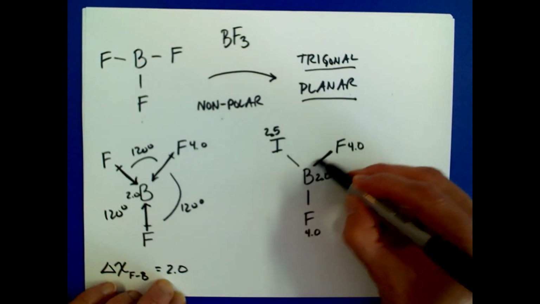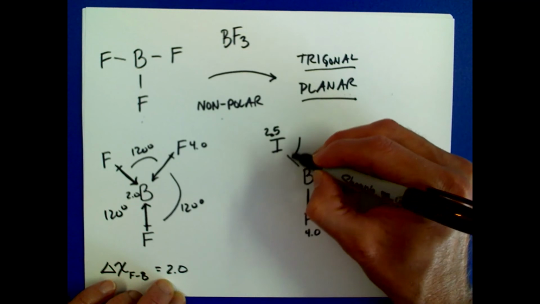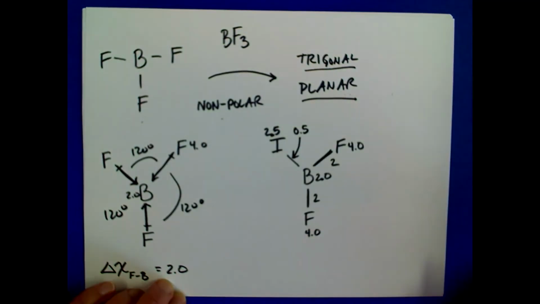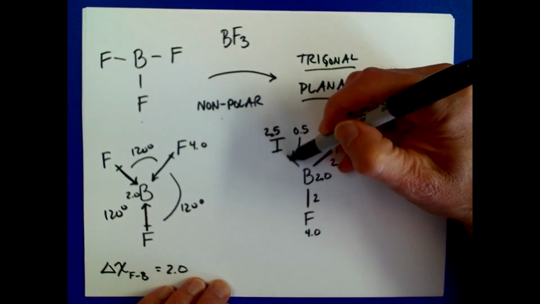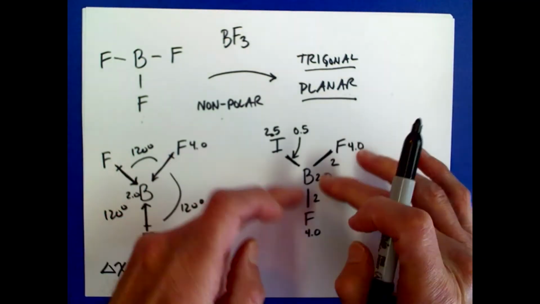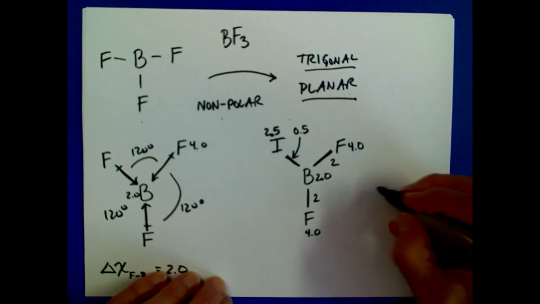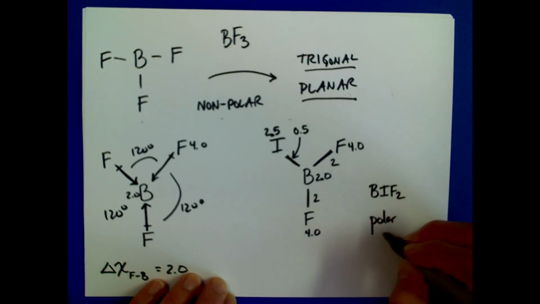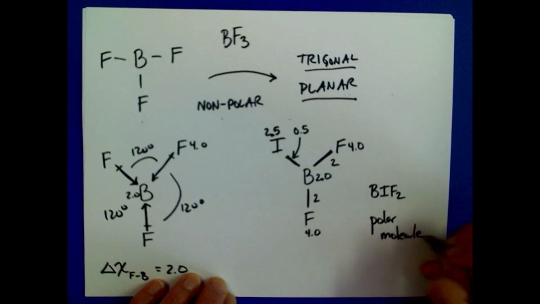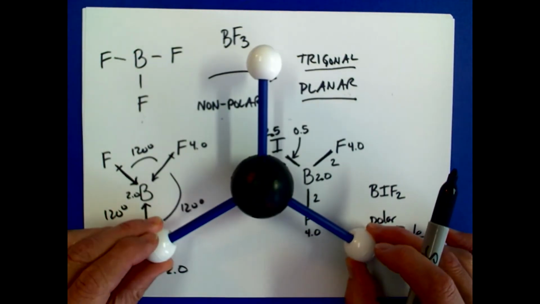Then we have a difference in electronegativity along this bond of 2, along this bond of 2, and along this bond of 0.5. And so when we lift the symmetry, we make one end of this sort of triple bonding around the boron a little weaker, it actually turns out that BIF2 is going to be a polar molecule. And this happens a lot when you lift the symmetry around a particular molecular geometry.